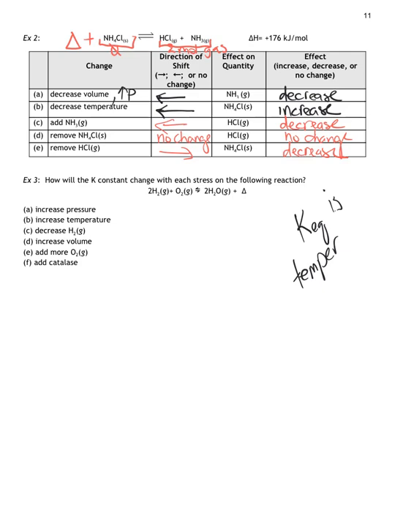So you can change the volume, change the pressure, change the concentrations. It's not going to change. K constant will not change. So if you comb through each of these examples, nothing's going to change your K constant except for letter B. So this is NC. NC means no change. And so all the other letters are no changes.